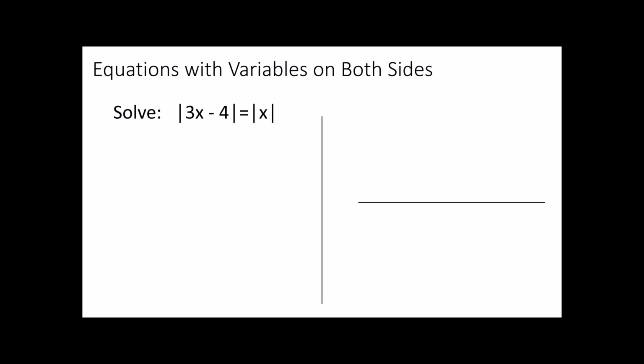Just like in our other equations that we learned about in our previous video, if you have not watched that, you're probably going to want to go back and take a look at that one. Just like in our previous video, we're still going to split this into two separate equations. We're going to split this so that we have what's on the left equal to what's on the right with no absolute value bars, and then another equation where you have what's on the left equal to the opposite of what is on the right hand side of the bars.